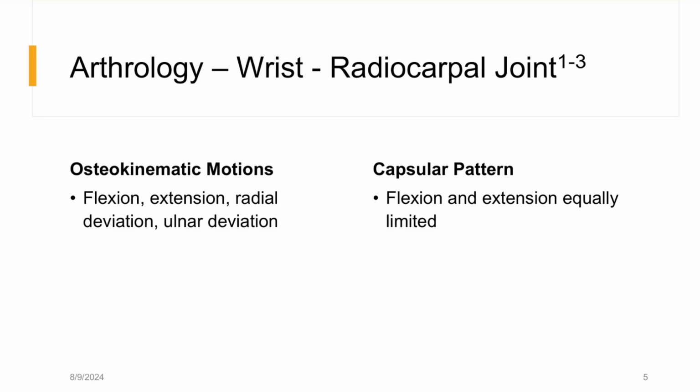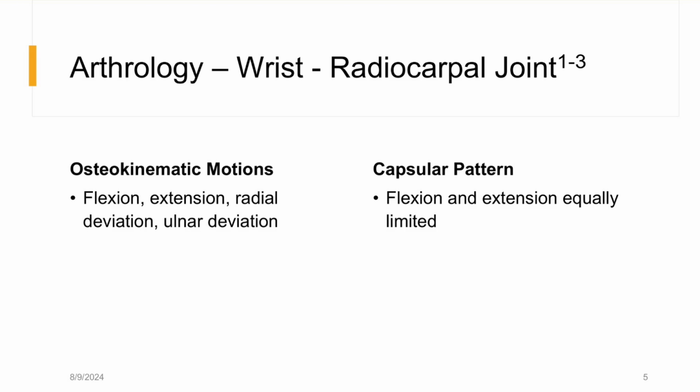Now, say for example, if someone does present with a capsular pattern of restriction, then that should direct you to a certain group of special tests, right? So I'm gonna stay here for a minute. What type of special test would a capsular pattern of restriction direct you toward? So Jordan said that if a person presents with a capsular pattern of restriction, as physical therapists, we're thinking that the person has some type of joint pathology because it's within the joint.